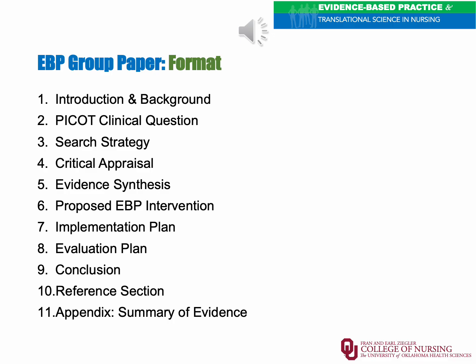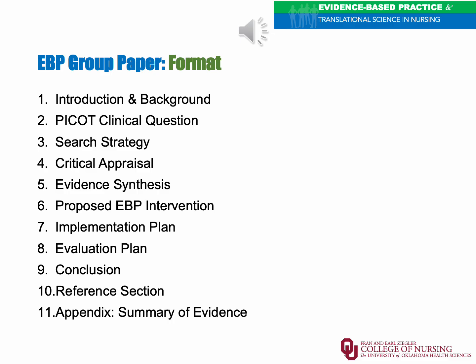Here you're going to present a clear and well-formatted PICO question that aligns with your identified practice problem. The next section would be your search strategy. Here you need to describe the databases you searched, the inclusion and exclusion criteria applied, and the different keywords or search words that you have used in searching the articles.